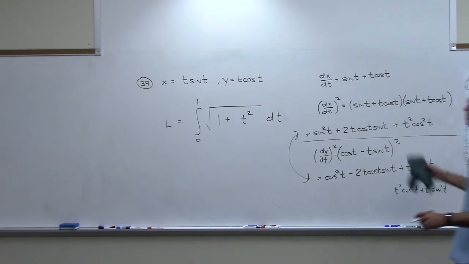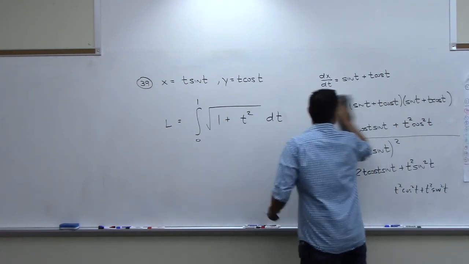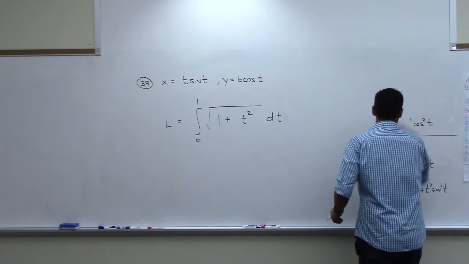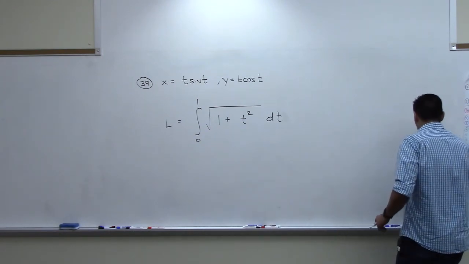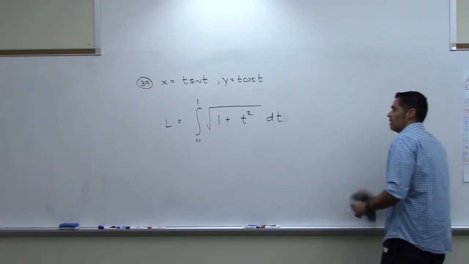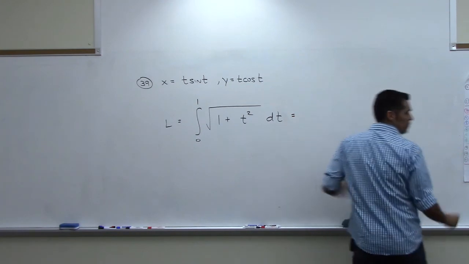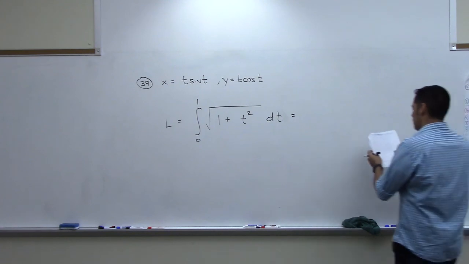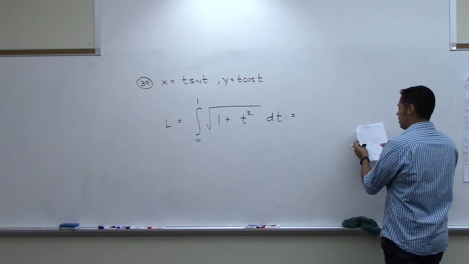So using formula number 21, the square root of a squared plus u squared. What we have here is a is 1, right? Yep. So we have u, which for us is t.